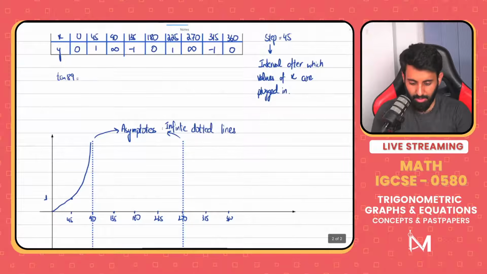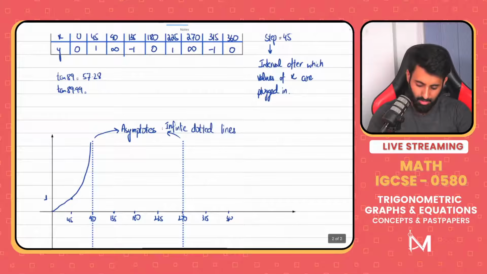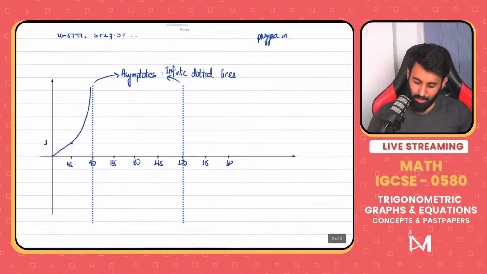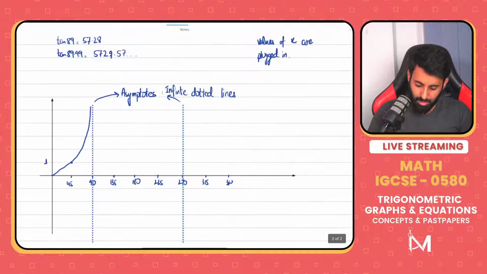Let me write that down. Tan 89 is 57.28 something. And if you do tan 89.99, you again get a very huge value, 5729.57. But the second you make it 90, it gives you a math error.